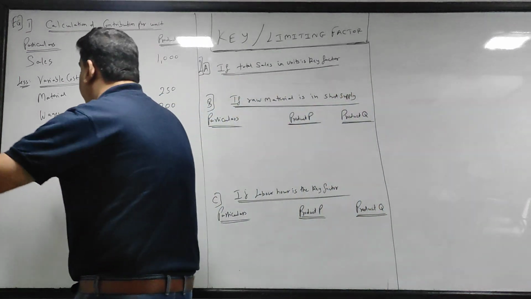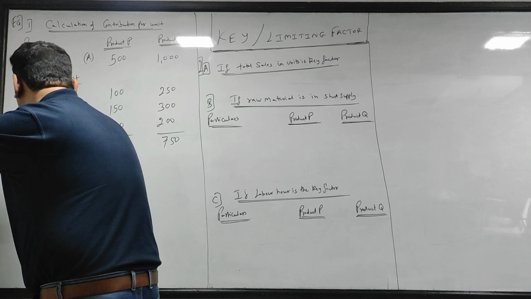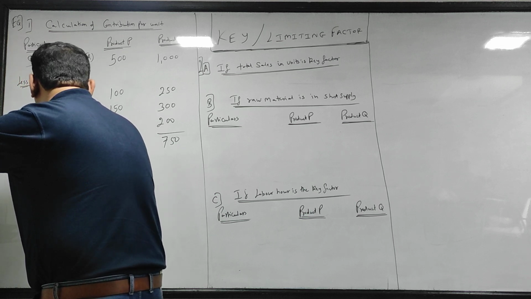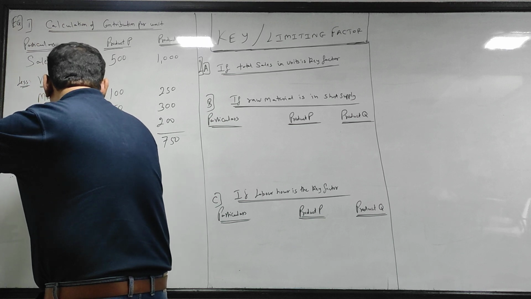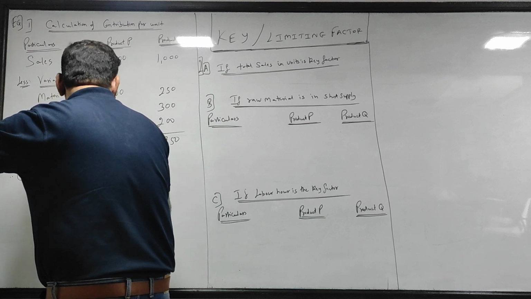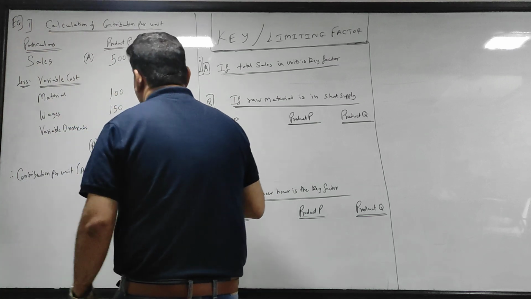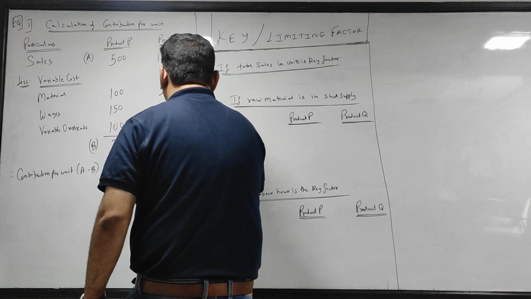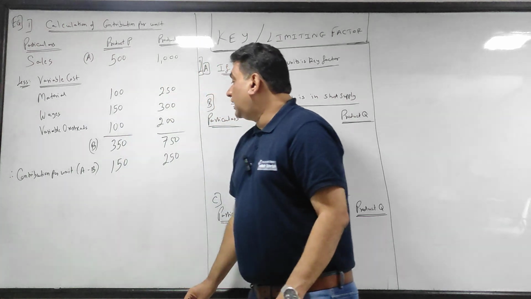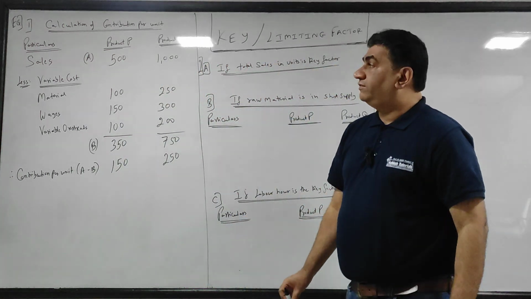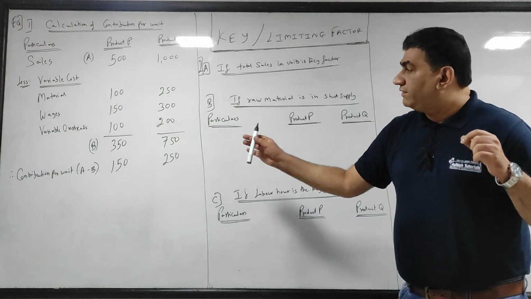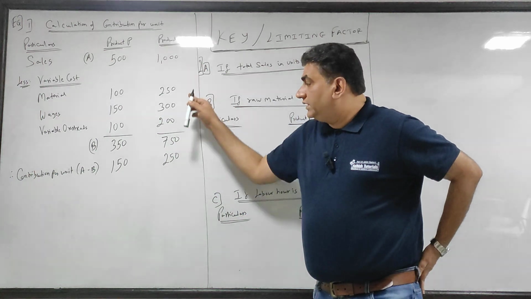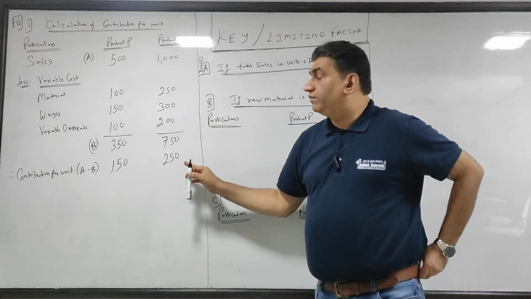And now what I need is contribution. Therefore contribution per unit will be A minus B. P का 500 minus 350 is 150 and Q का 1000 minus 750 is 250.